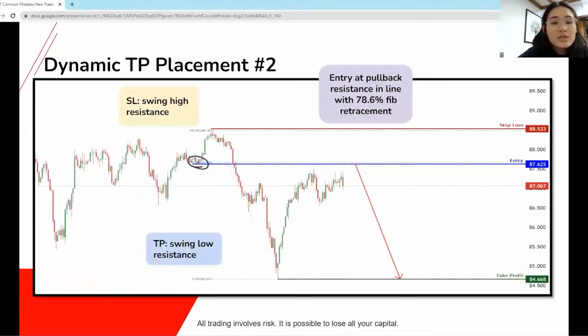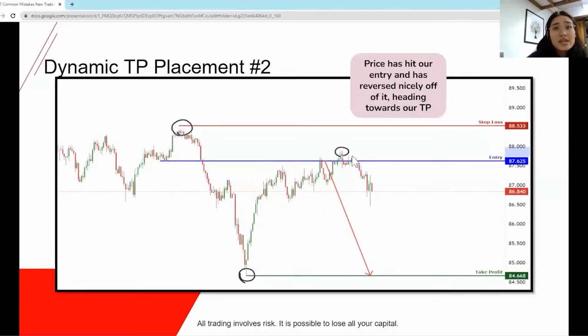Okay, so now let's look at another example. We expect price to bounce off of our entry at 87.625 at the pullback resistance in line with the 78.6% Fibonacci retracement. So we're expecting price to drop from our entry to our take profit.